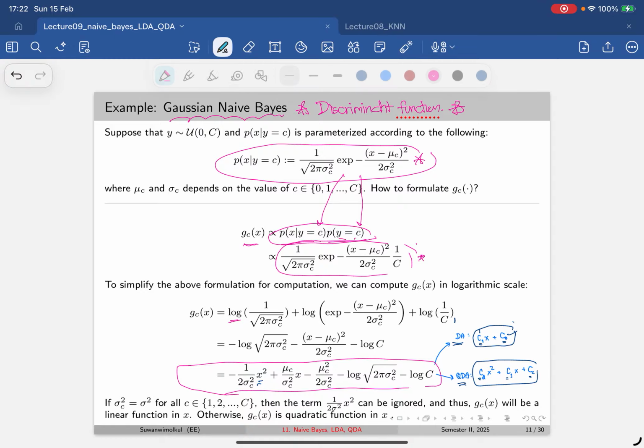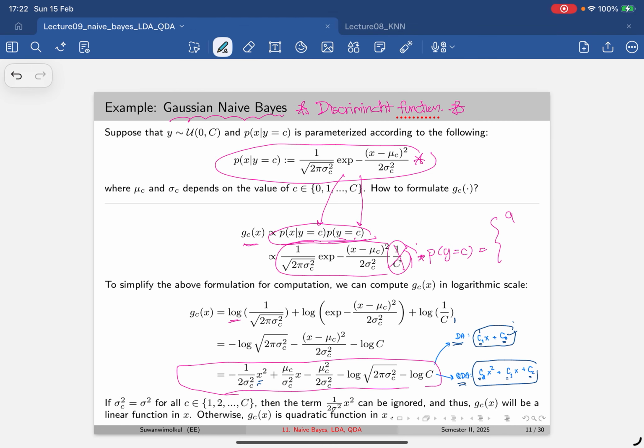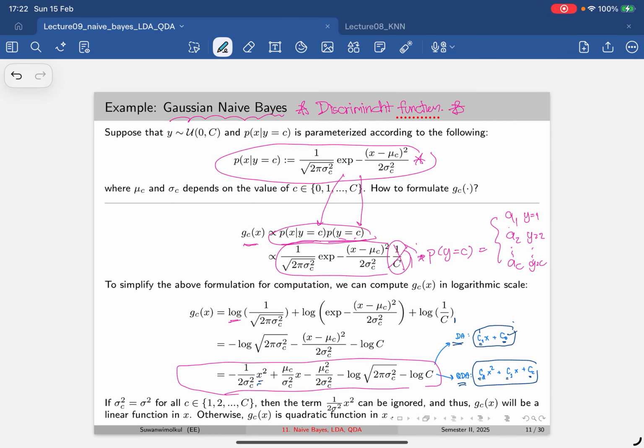It can, however, be different. Let's say this is Bernoulli, you will still get the P of y equal to C, right? Because P of y equal to C could be equal to A1, A2, up until AC, for y in class 1, class 2, up until class C, and the sum of A1, A2, up until AC will be equal to 1, right?